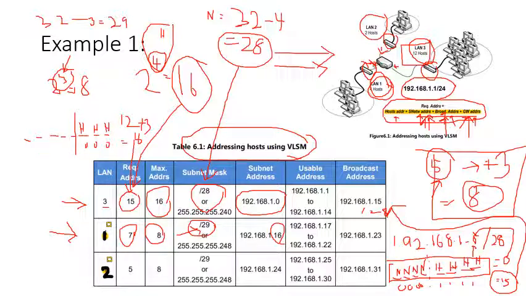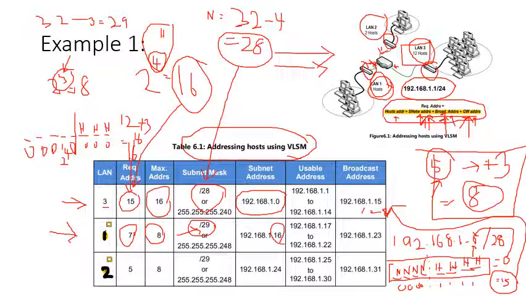Okay, so it's supposed to be 0, 0, 0, 1, 0, 0, 0. This is 16, because this is 2 to the power of 0, 2 to the power of 1, 2 to the power of 3, 2 to the power of 4. 2 to the power of 4 equal to 16.